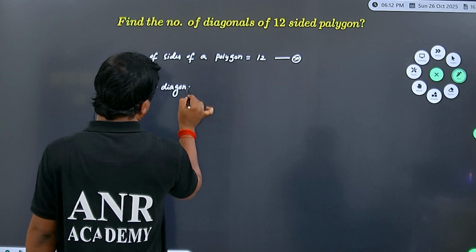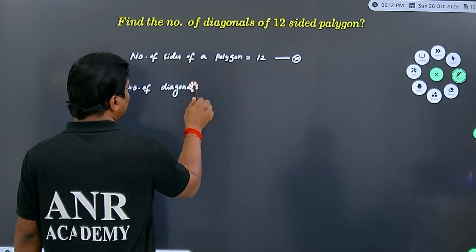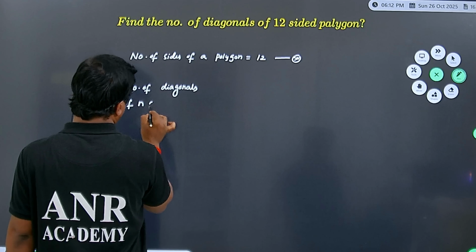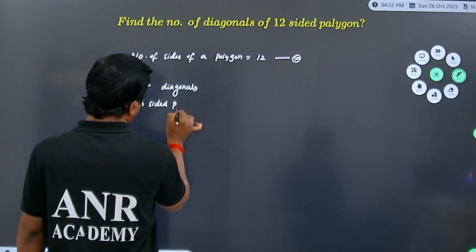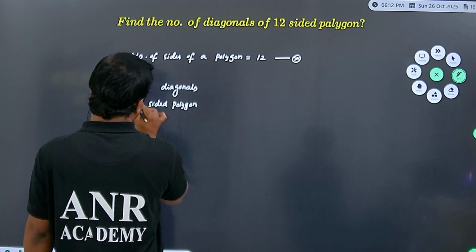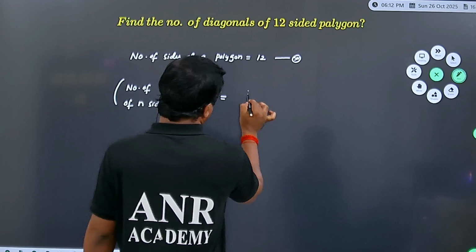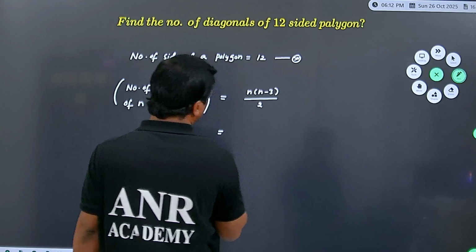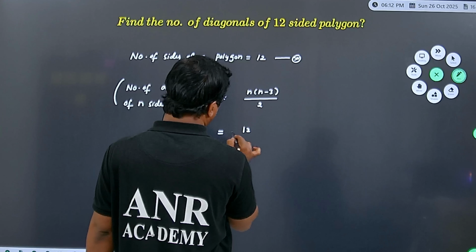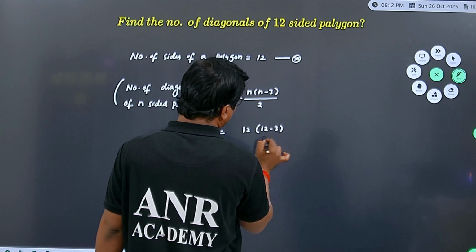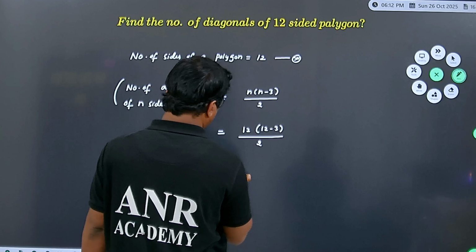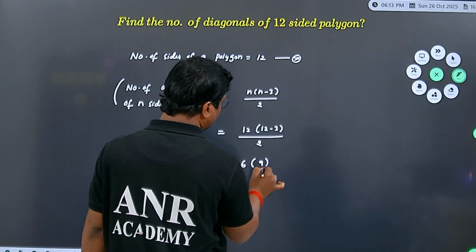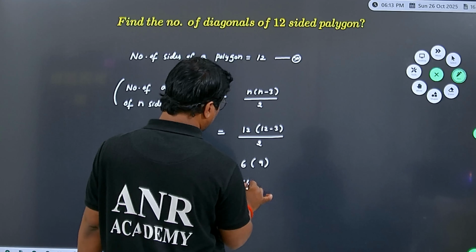Number of diagonals of an n-sided polygon is n into (n minus 3) divided by 2. This is equal to 12 into (12 minus 3) whole divided by 2. That is 6 into 9, so we get 54.